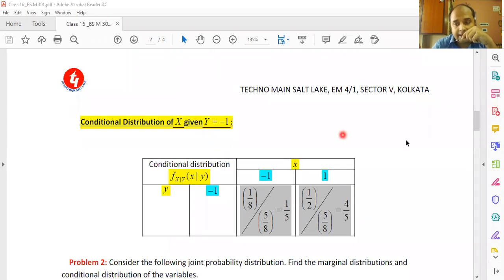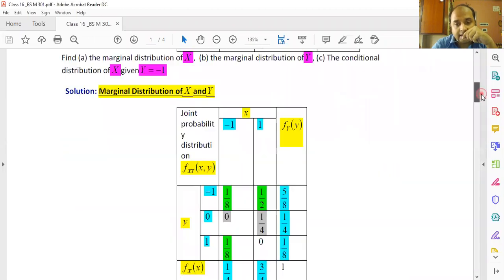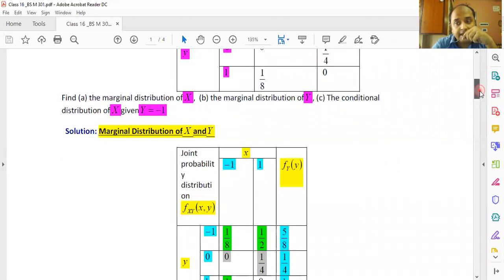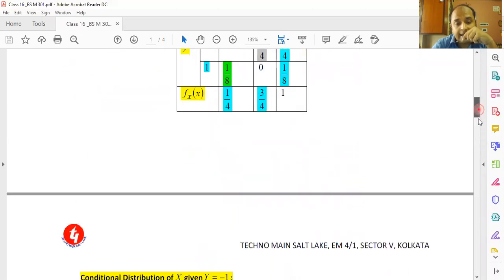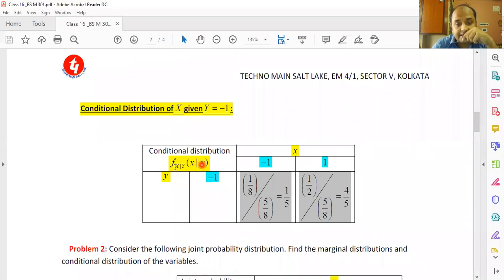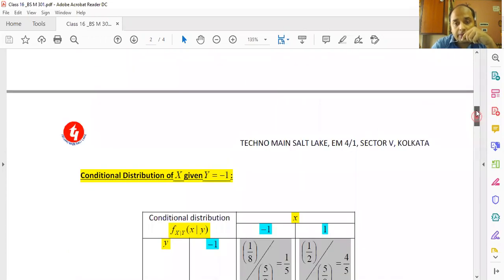Now how to calculate this? Students, if you can remember from my earlier class, the conditional density of the variable X given Y is defined as the joint probability value of X and Y divided by the marginal probability of Y. Now we go to the chart of joint probability.